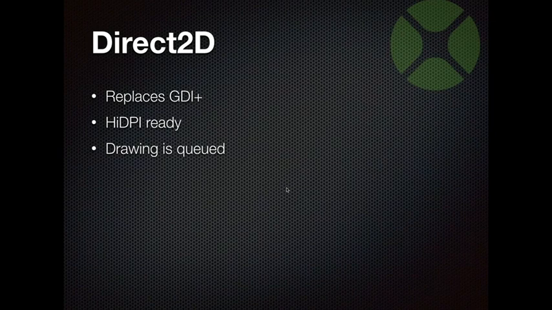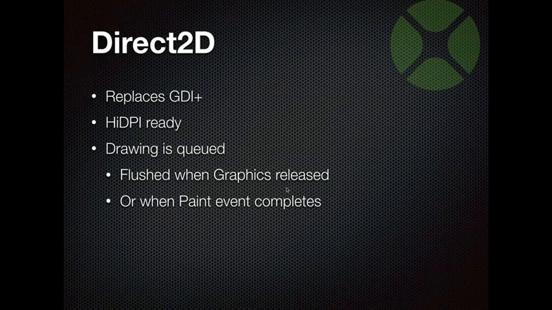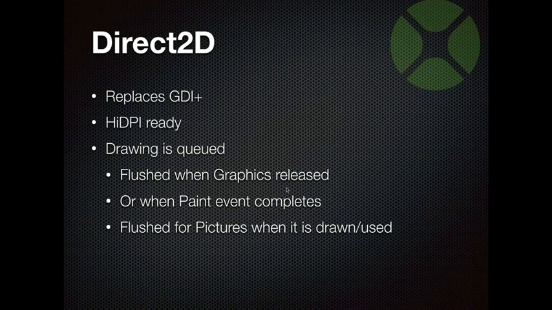But with Direct2D, everything is queued. And this queue is flushed when the graphics is released. And by released, it could be when the paint event completes. Or for pictures, it's when you draw the picture or when you actually use the picture in some way like that.